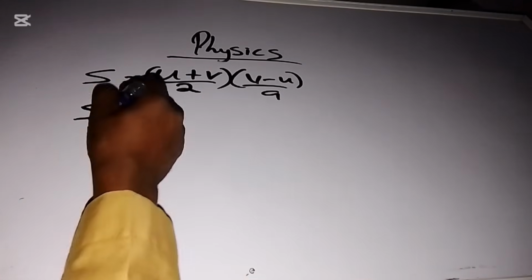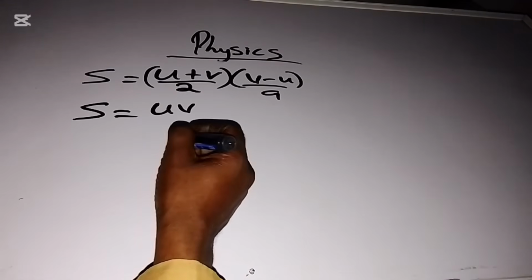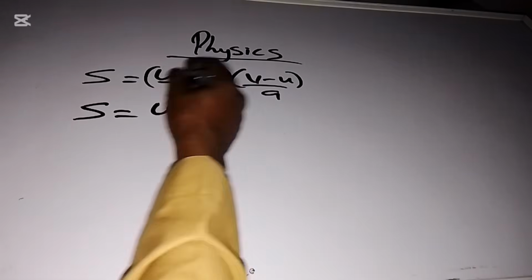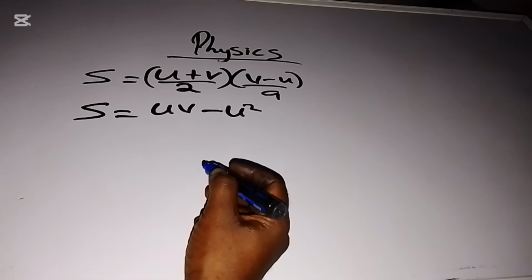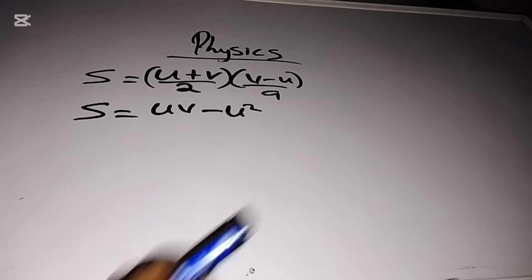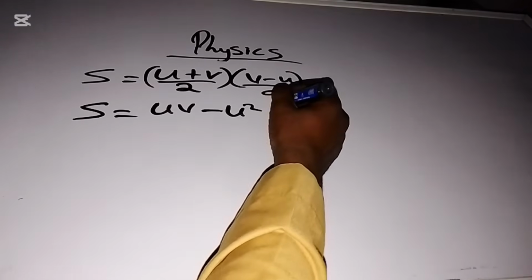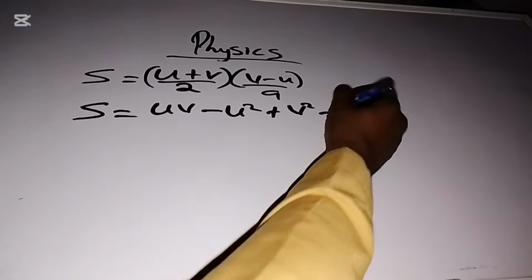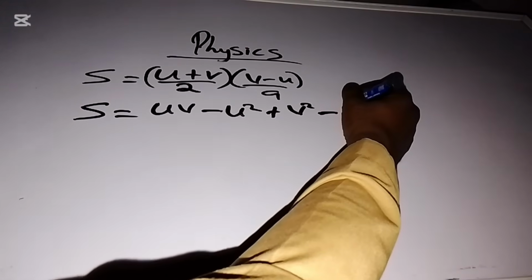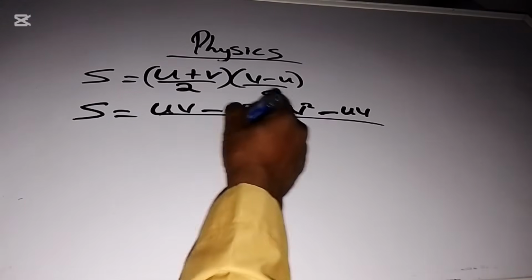Now we'll do simple expansion here. S will be equal to v times u, which is uv, then u times u is u squared, then v times v is v squared, and v times u is uv, all over 2 times a, which is 2a.